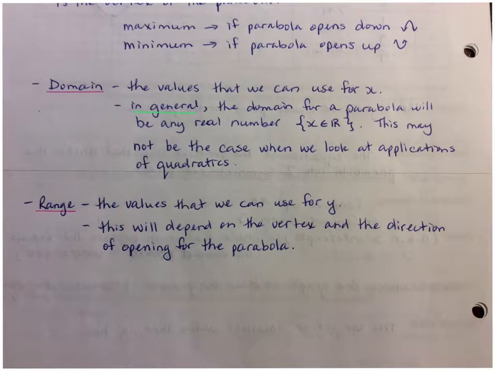You could use the words any real number, or the math symbols: x is an element of, which means belongs to the set, and then this capital R. I can't do boldface easily when writing, so I just do a double line on the stem of my R. That stands for the real number system.